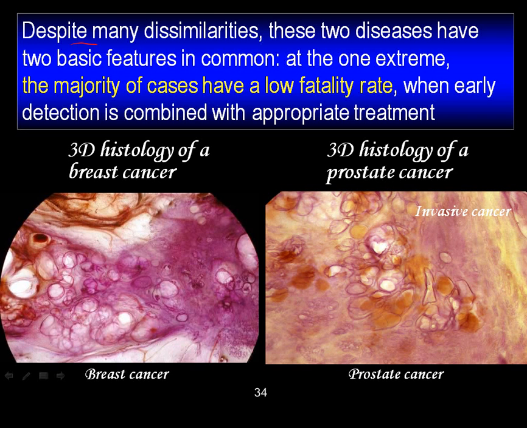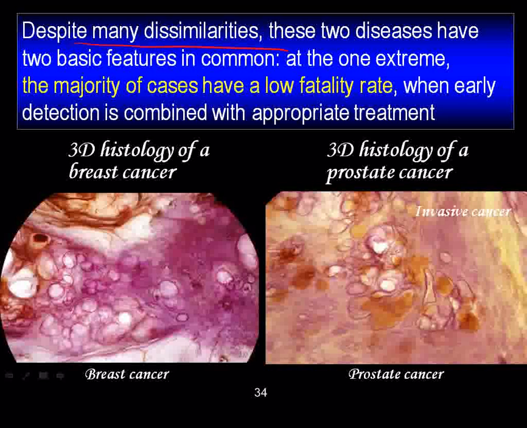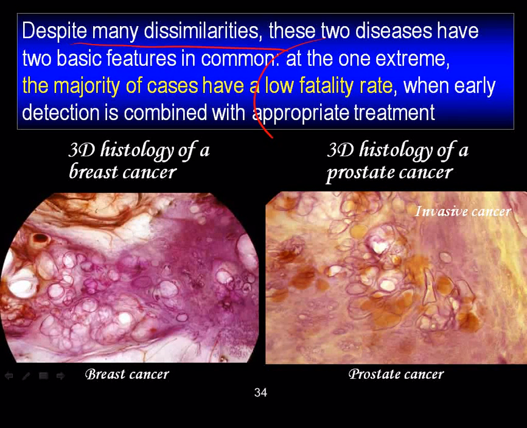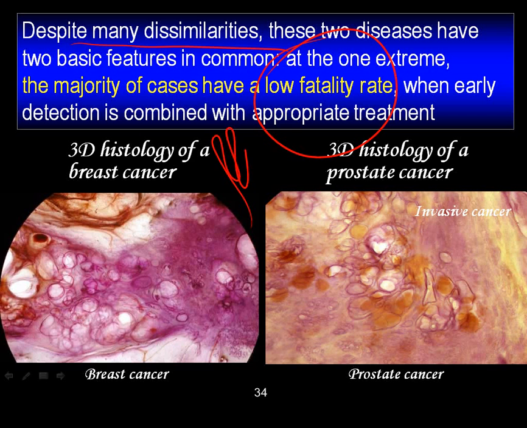So, despite many dissimilarities between the two organs, they have the similarity, that is, the cancers originating from the gland in the breast and in the prostate have a very low fatality rate.